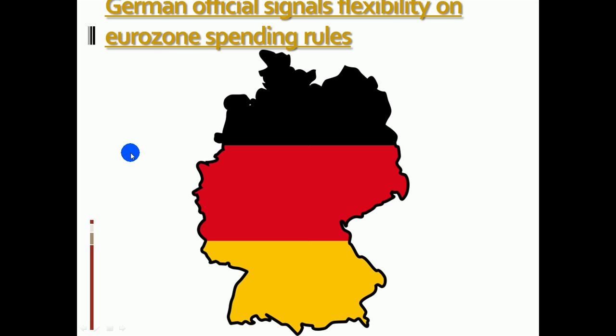Now, a German finance ministry official suggested that the nation wouldn't take a hard line on the enforcement of the eurozone's limits on spending and deficits. Basically what he said was the rules aren't rigid. Who is this person I'm talking about? The deputy finance minister, Stephen. What he said is that rather they say that we have to continue on the path of consolidation.